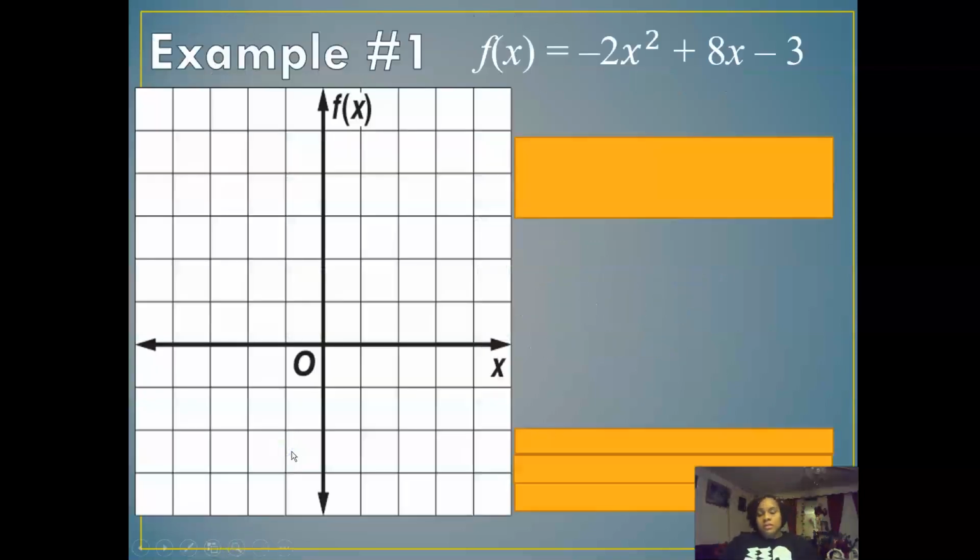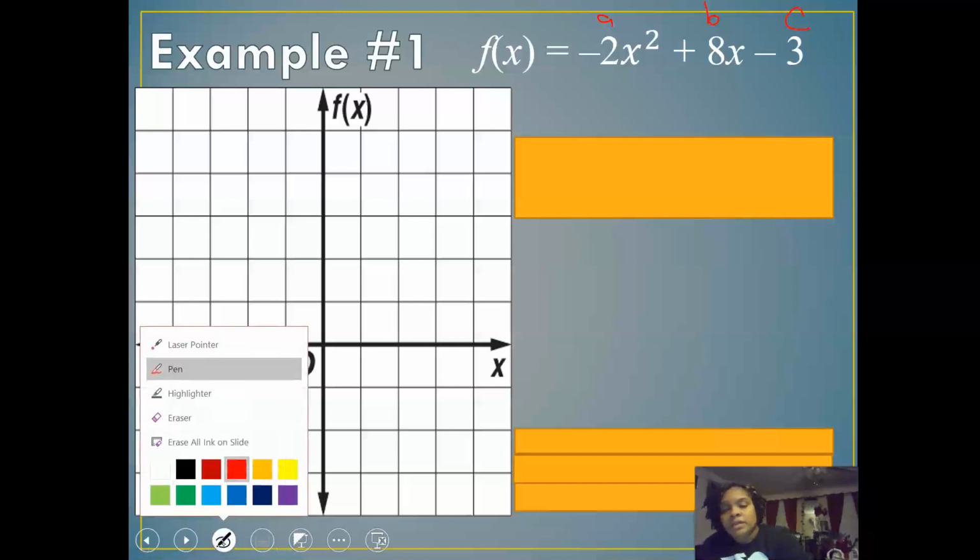So what does all this look like? I like to label. I'm a labeler, so I like to say A, B, and C. The first thing our steps tell us is to find the vertex.